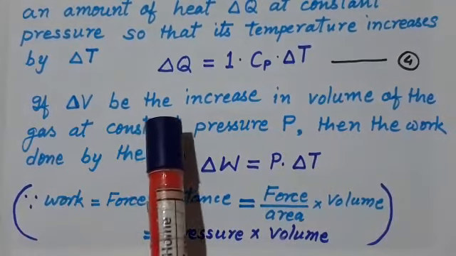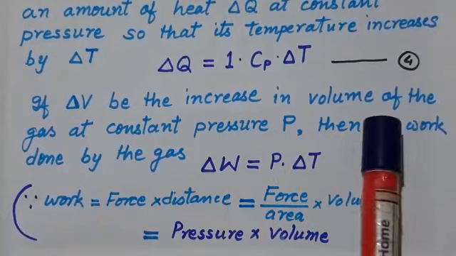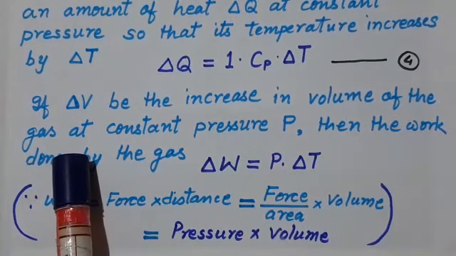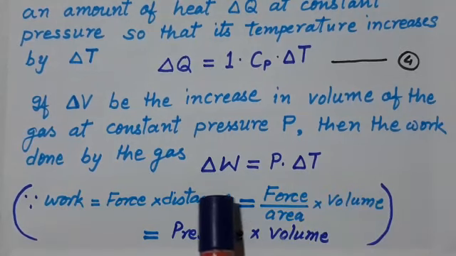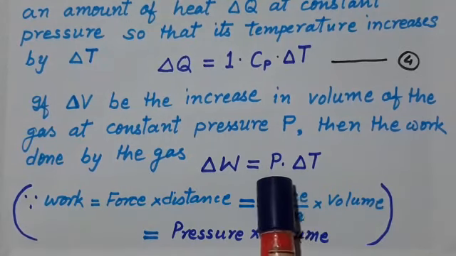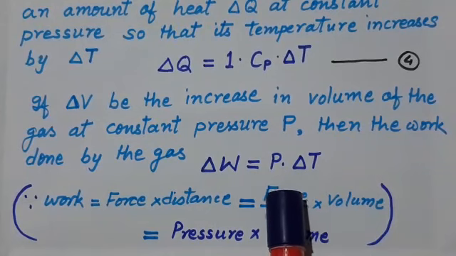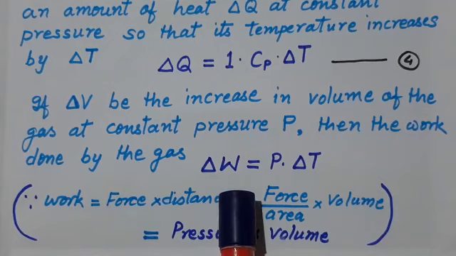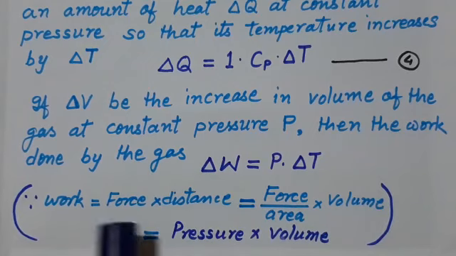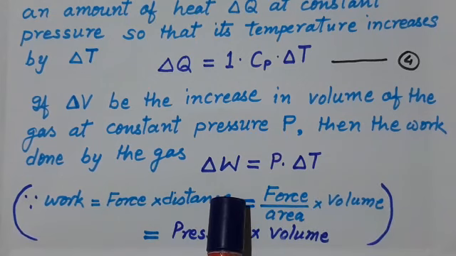If delta V is the increase in the volume of the gas at constant pressure, then the work done by the gas is delta W equal to P into delta V. Work done equal to force into distance. We multiply by area and divide by area. Then it becomes force upon area into distance into area, and that will be volume.